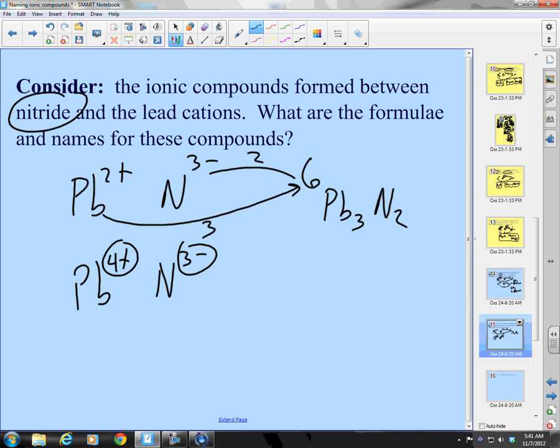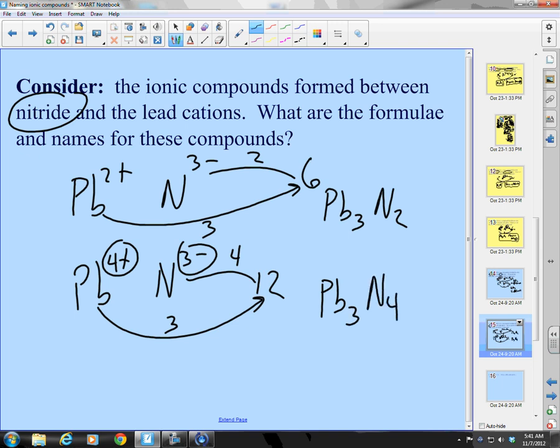No, 4 doesn't go evenly into 6. 9, 8, how about 12? 12. So how many lead 4s do I need? Well, I need 3 of those. How many nitrogens do I need to use up 12 electrons? 4. So I would have Pb3N4. Good. Now what are my names?